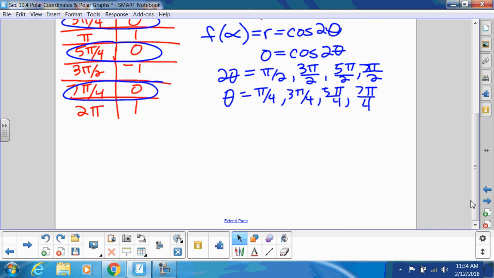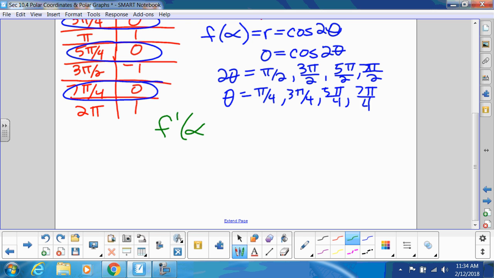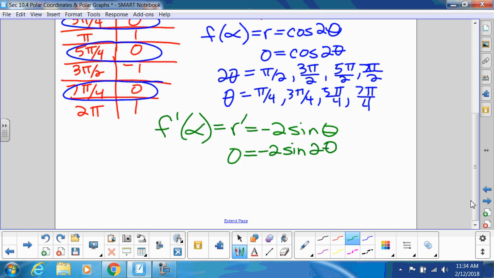Then we have to do f prime of alpha, so this is r prime. If we do r prime, that's negative 2 sine of 2 theta. We're going to set that equal to 0, because remember we don't want it to equal 0. In order to find that, we need to figure out when it does equal 0. Sorry, forgot about that. So we're just solving for 2 theta. Remember to go further.